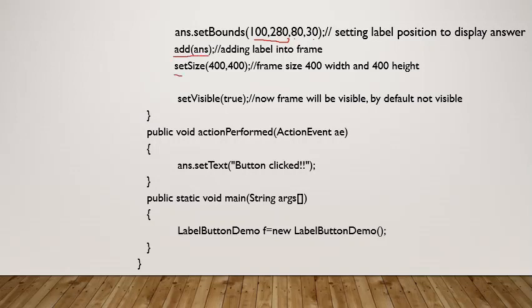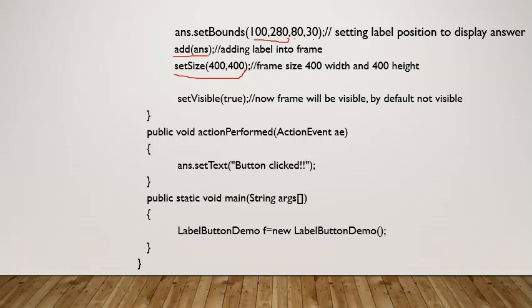Then setSize, the frame width and height, and then setVisible(true). If you do not write setVisible(true), the entire program is correct but the output won't be visible, because by default it is false.